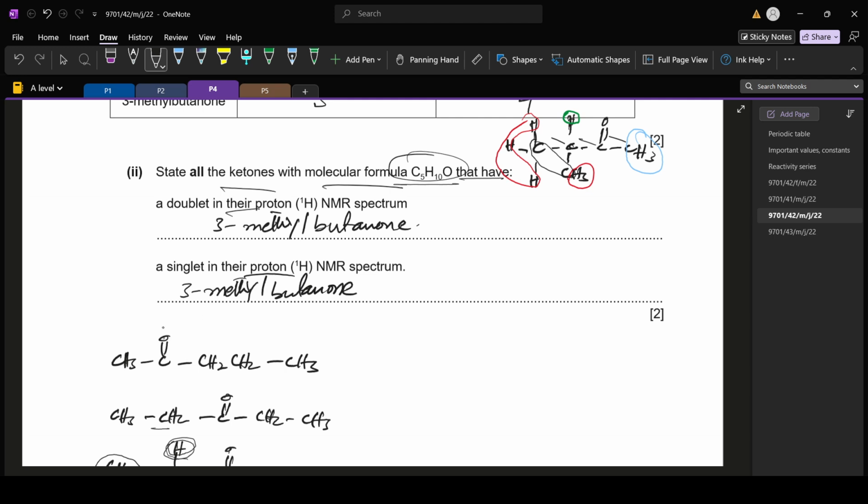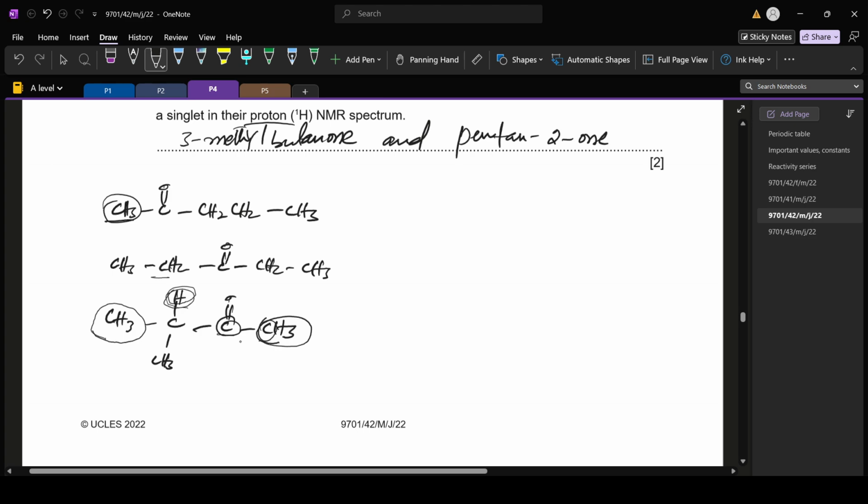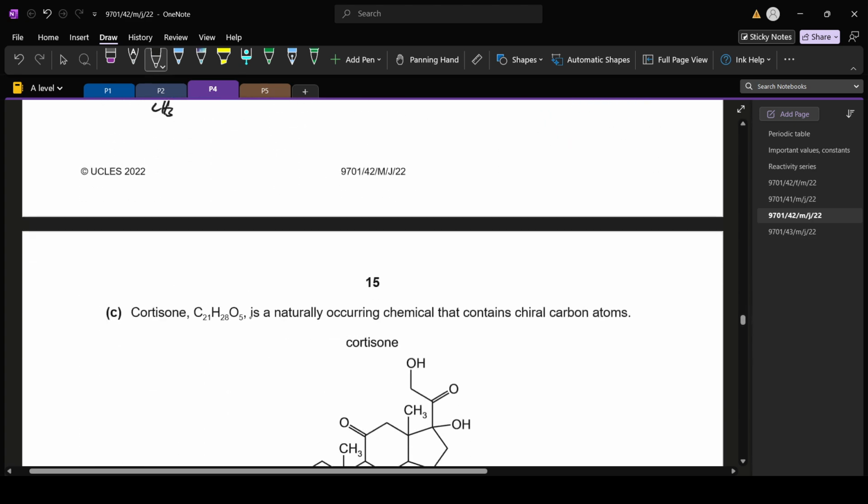And if you see this butan-2-one, this also has the same environment. This carbon also has no hydrogen attached on the adjacent carbon, so this will also show a singlet. Okay, pentan-2-one, and there is no singlet in pentan-3-one. Okay, so these are your answers.